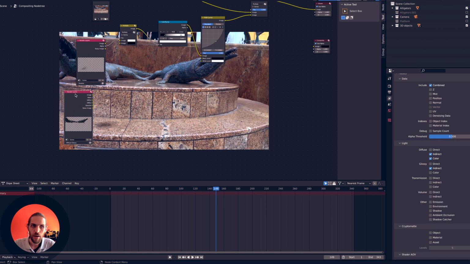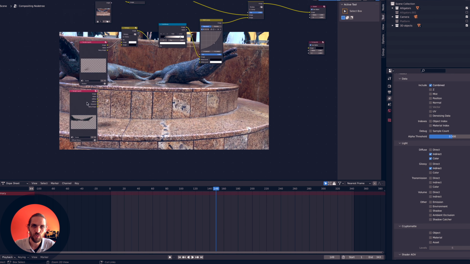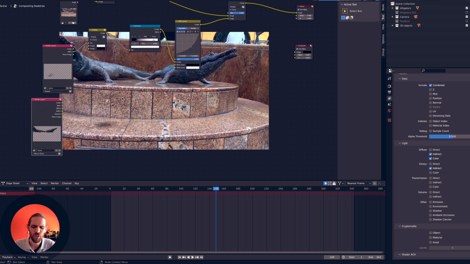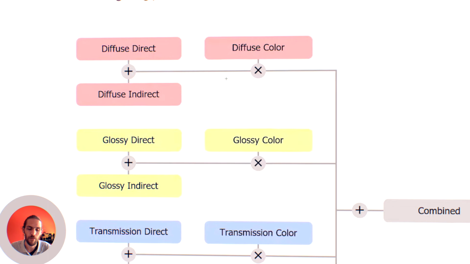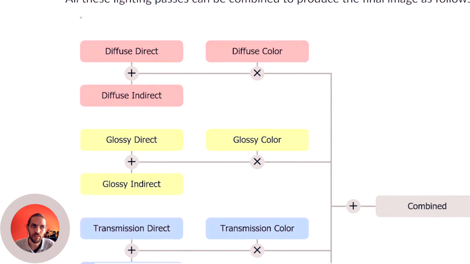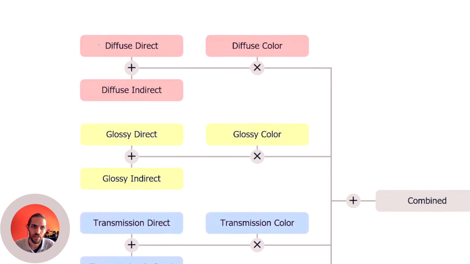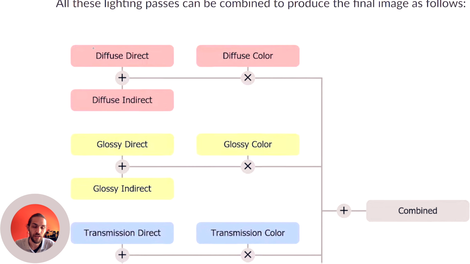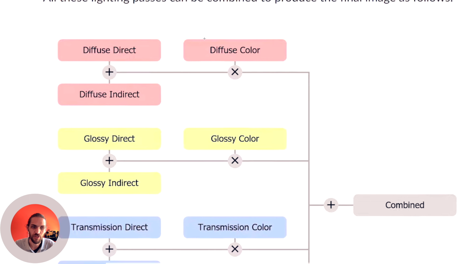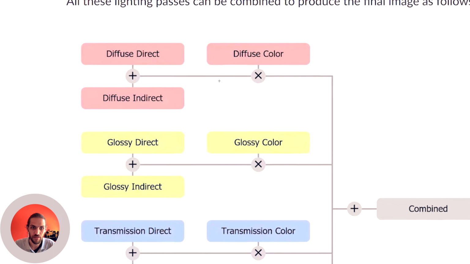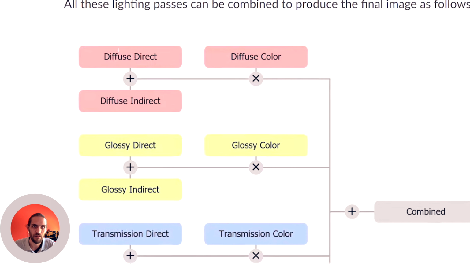And Blender has a cool way of basically dealing, well, not a cool way, but this is how Blender deals with render passes. Okay, and you can check this on the Blender site if you're not sure. This picture is actually on there. Otherwise, yeah, here we go, take note. So it adds the diffuse direct and the diffuse indirect.